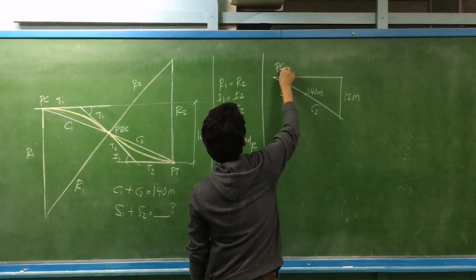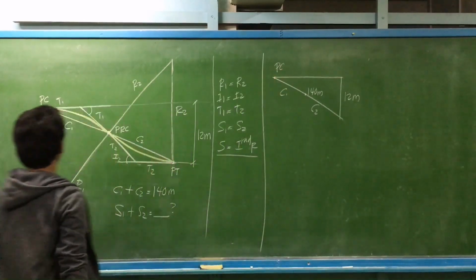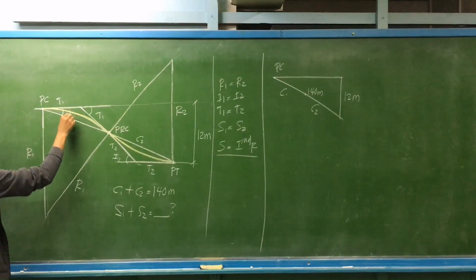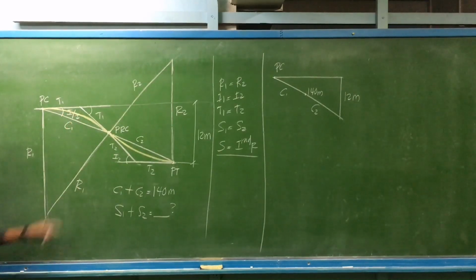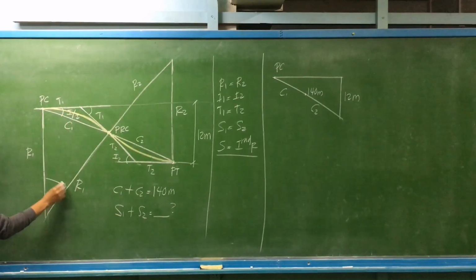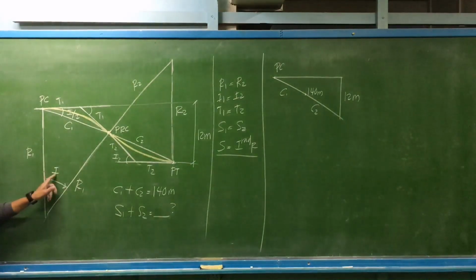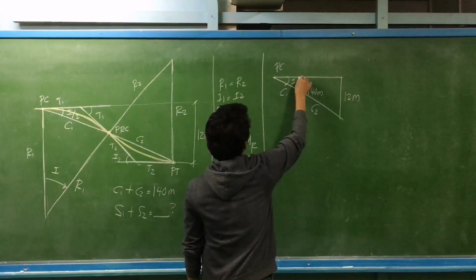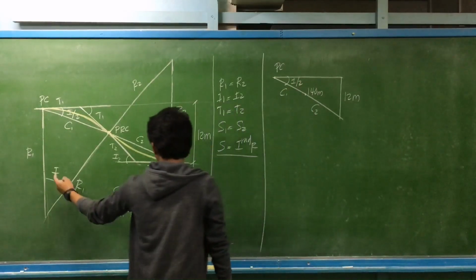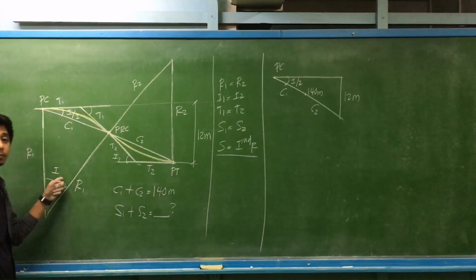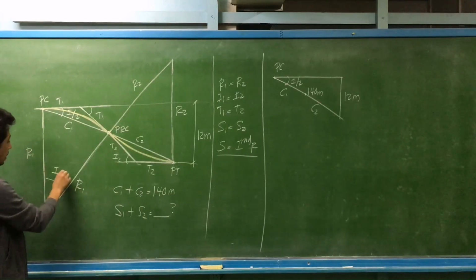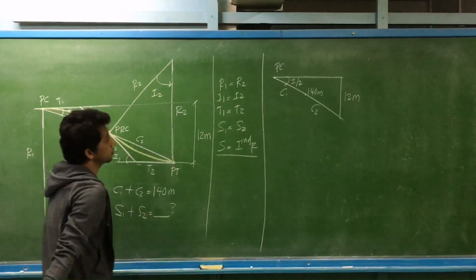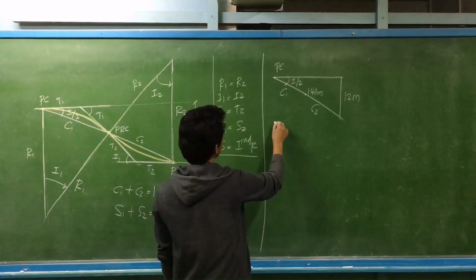Here is the PC. We know that the angle from the tangent towards the chord is I over 2, half of the central angle I. So this angle is the same as I over 2. We can get the central angle of each curve. Since I1 is equal to I2, we can use the function of sine.